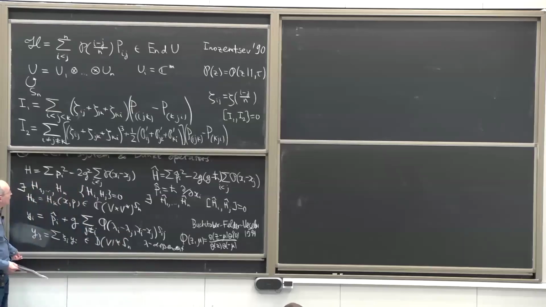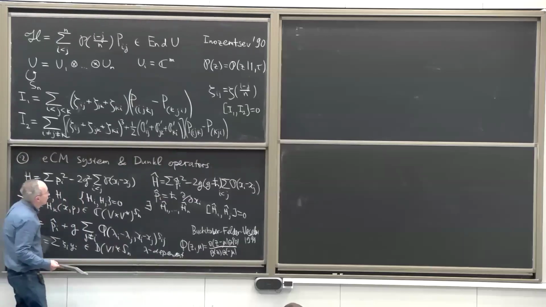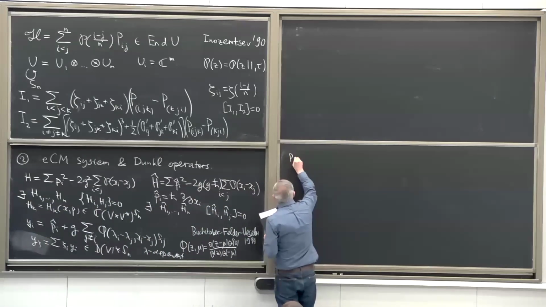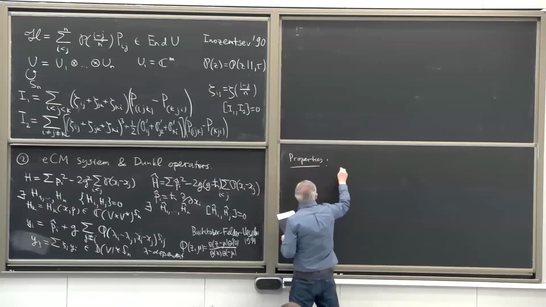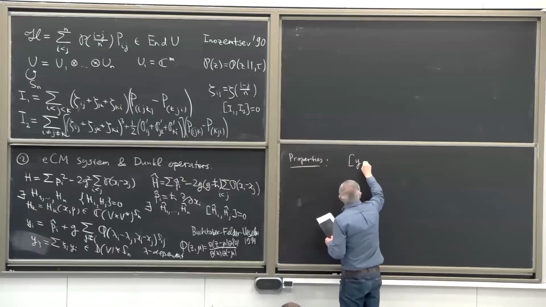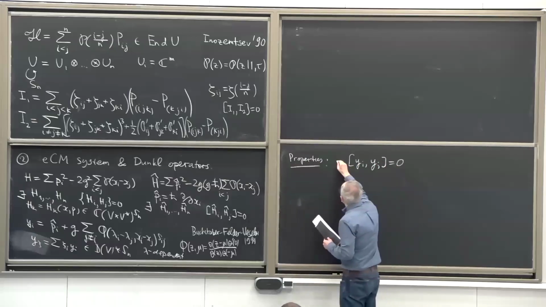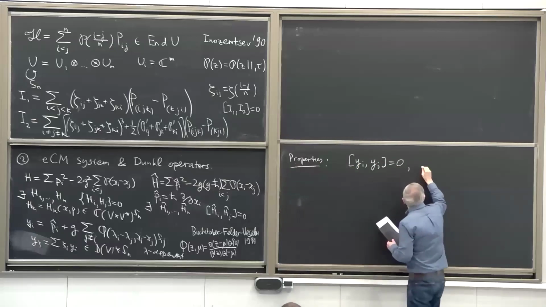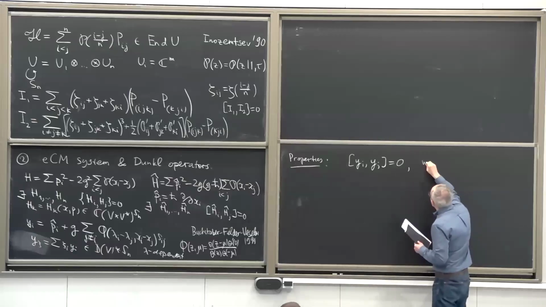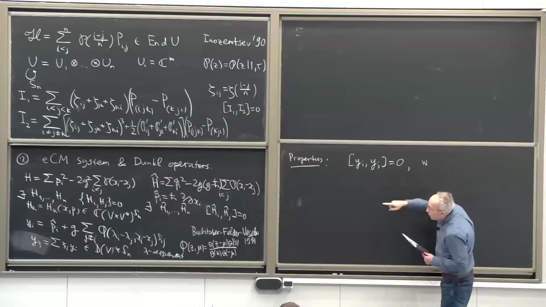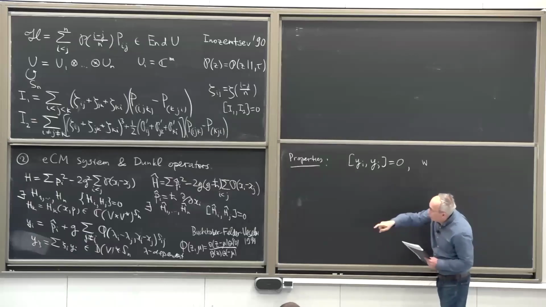Okay, so the main properties are commutativity, and then equivariance. Take W, any element of the group, which lives in that cross product algebra.